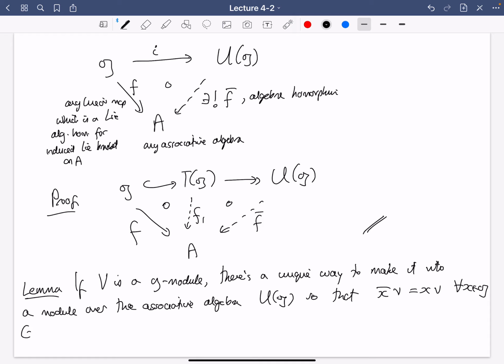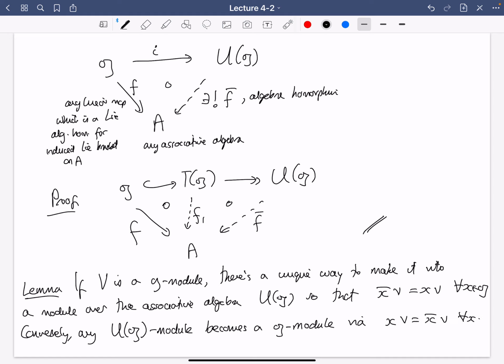And conversely, any left module over that associative algebra becomes a module over the Lie algebra in the earlier sense by defining the way x acts on V to be x bar v for all x in G.